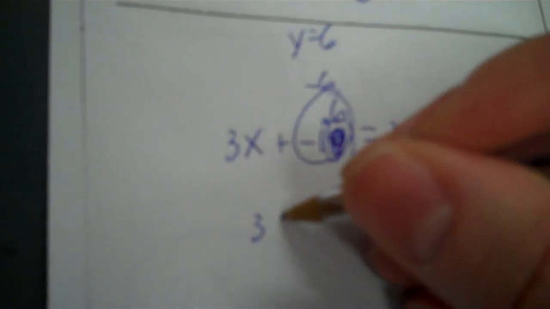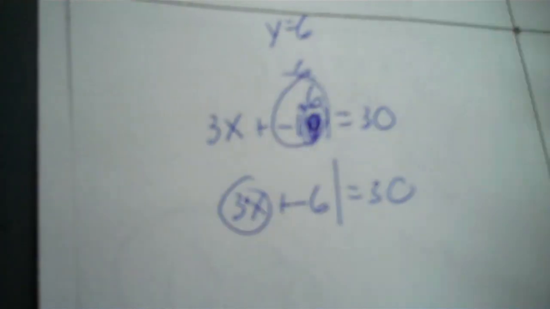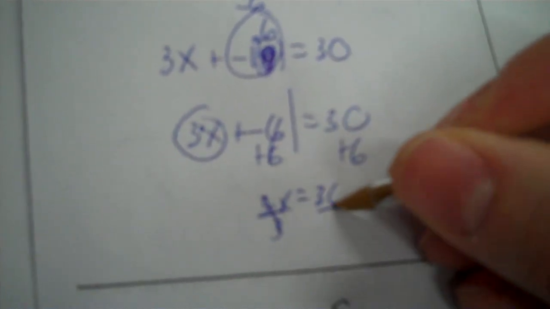Put that up above there. So now you write 3x plus negative 6 equals 30. So you've got 3x plus negative 6. You add 6 to each side, and that's 36. And you divide each side by 3, and x equals 12. So 12, 6.